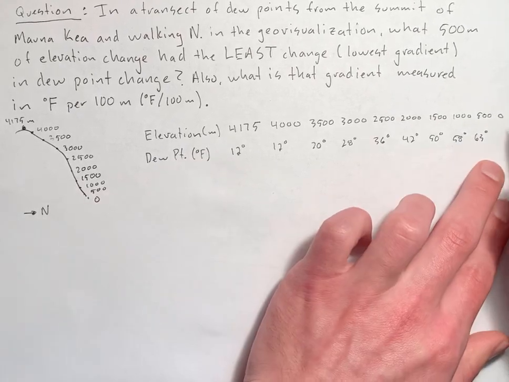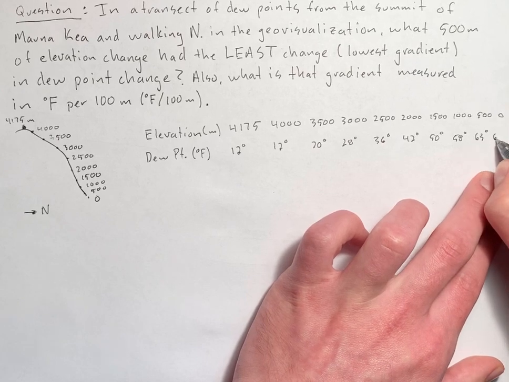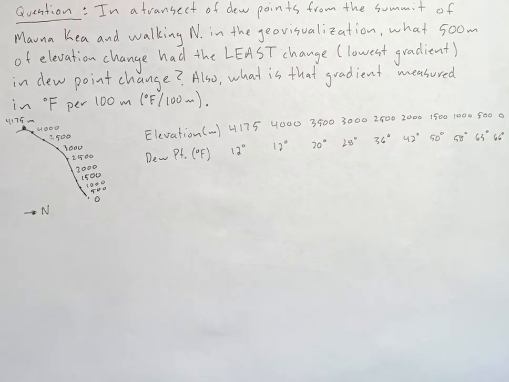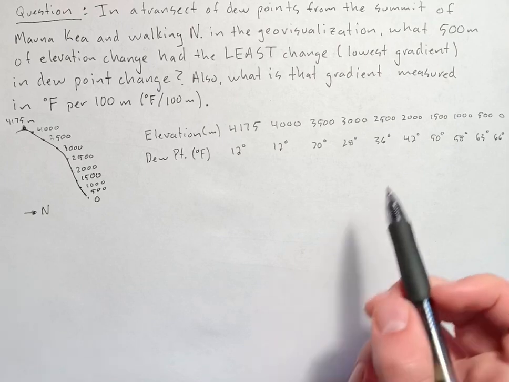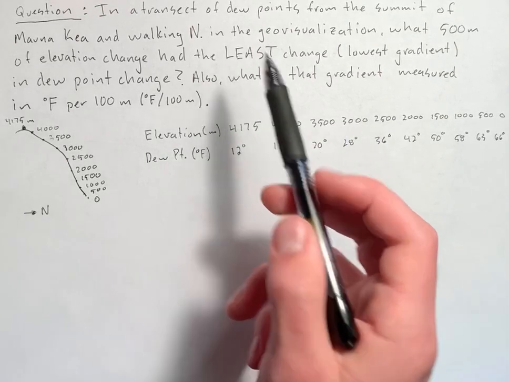So at 35 meters, or at 0, the dew point temperature is 66 degrees. So now let's begin to use this information to answer the question.